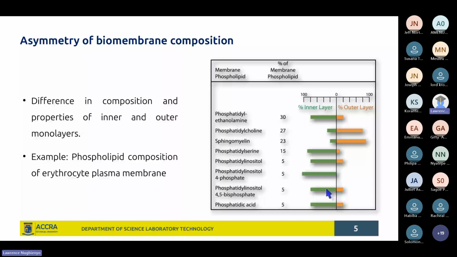All of these, you find them in higher amounts in the inner layer of the biomembrane than the outer layer of that plasma membrane. So that is what we refer to as asymmetry of biomembranes.